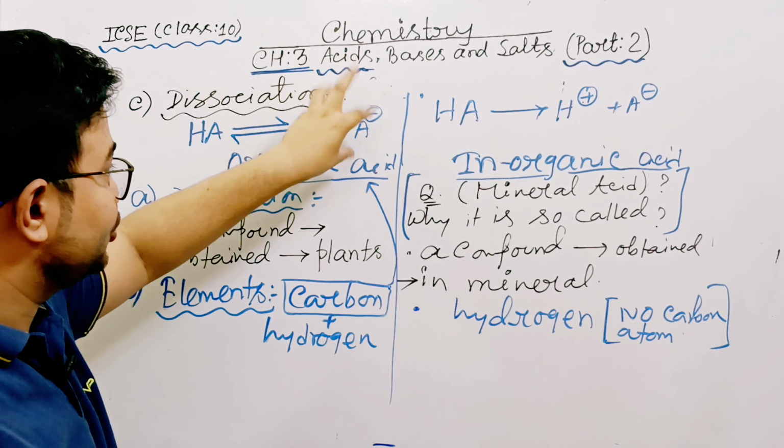So our third point is that after the dissociation of organic acid produce ion as well as the molecule. Very very important question for Section A for ICSE coming board. Section A: organic acid contain both ion and molecules, whereas inorganic acid contain only ion.